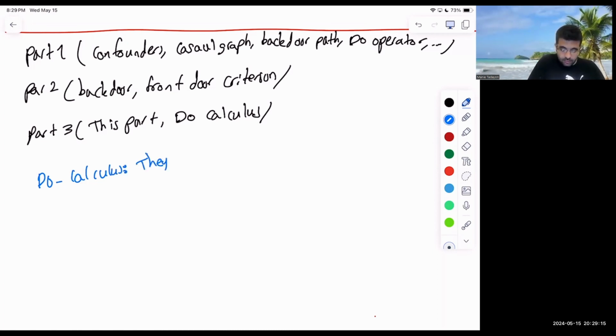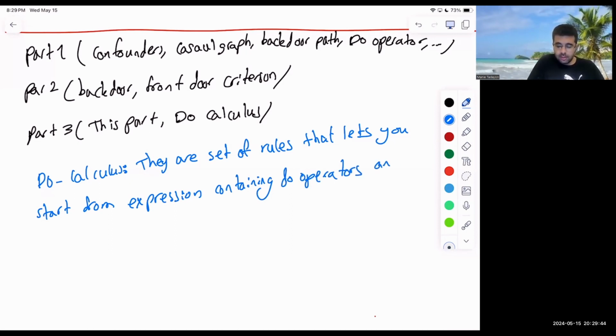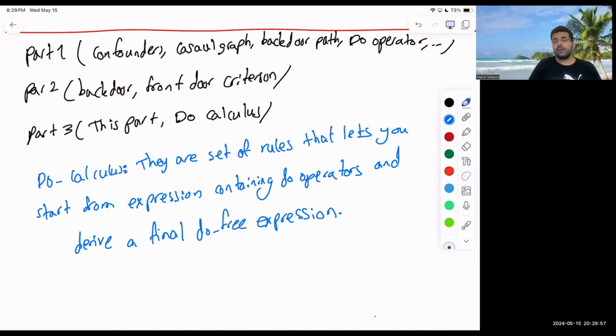Do calculus is a set of rules that lets you start from an expression containing do operators and derive a final do-free expression.